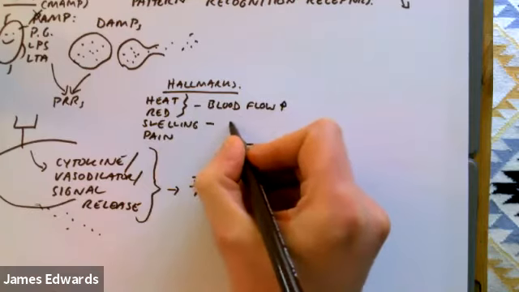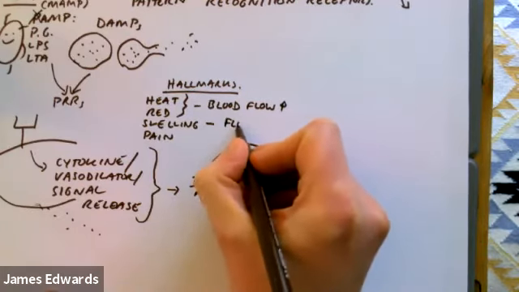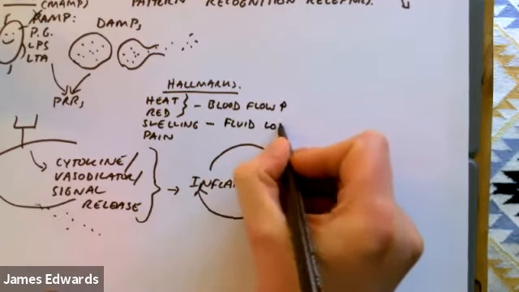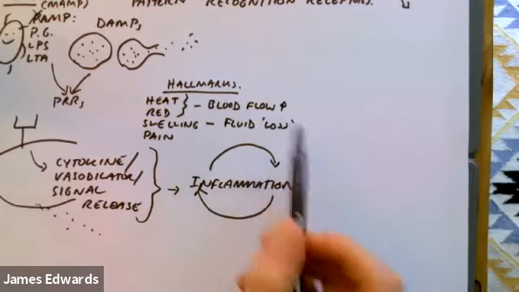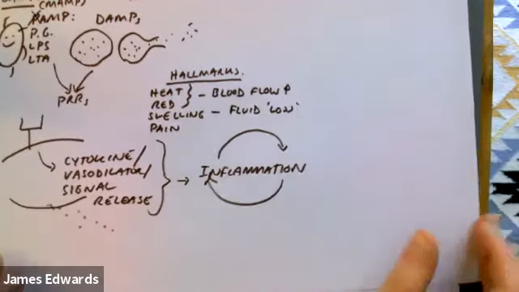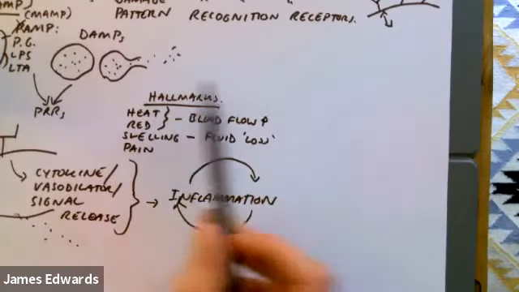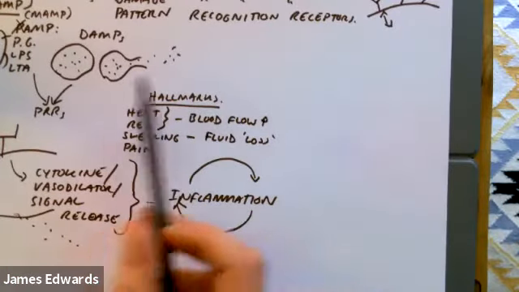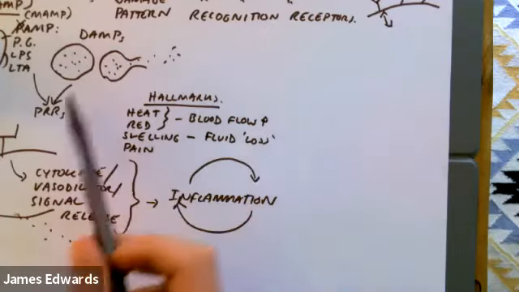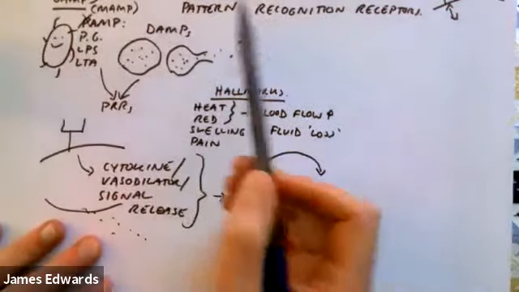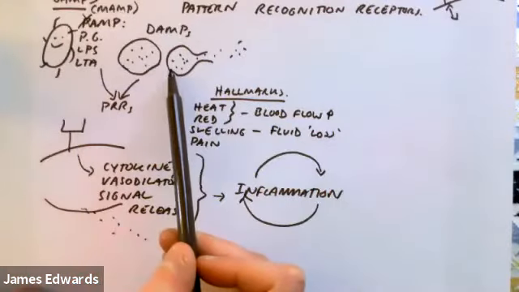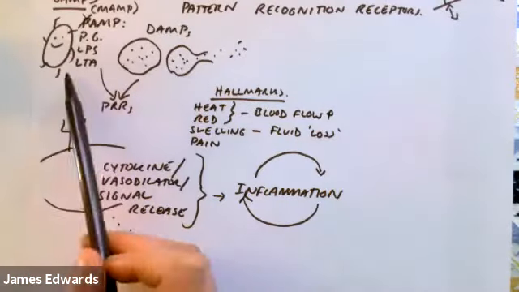Vessels become leaky. I'll say loss, because what's happening is that fluid is moving from one compartment to another: from the intravascular compartment, inside blood vessels, into tissues where your microorganism has made an appearance or there's tissue damage, sometimes a combination of the two.